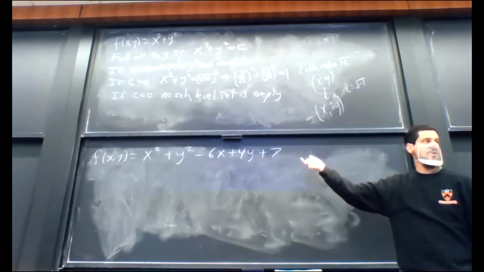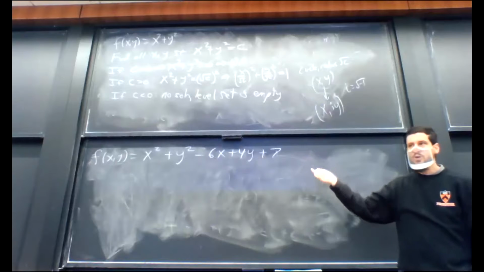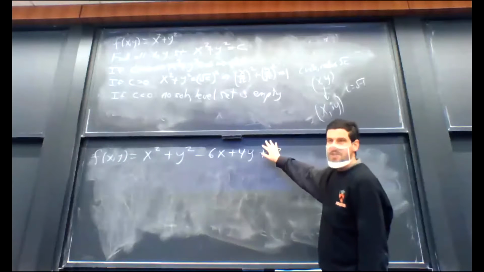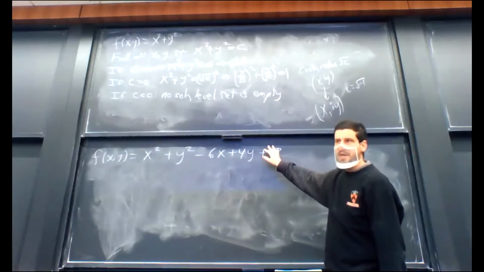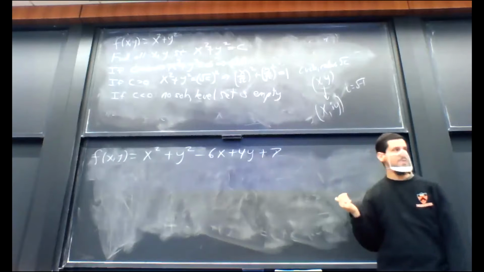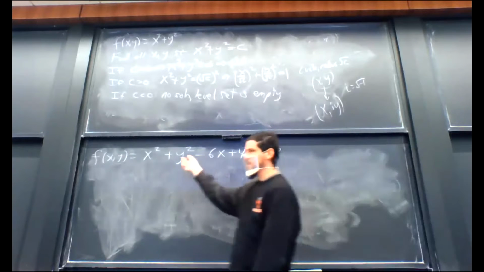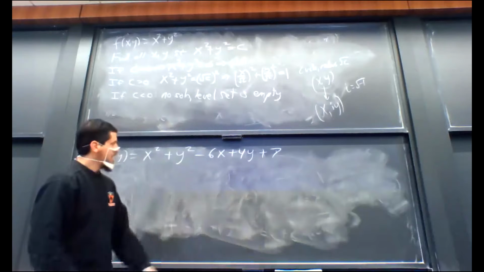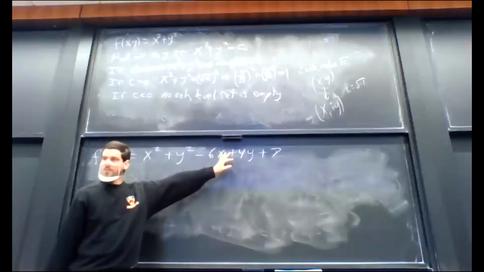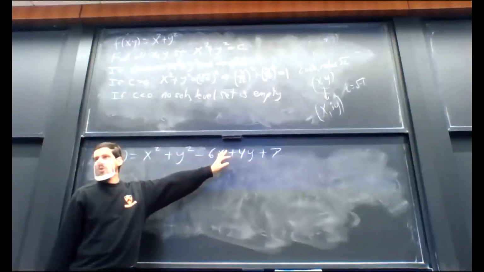It just changes the value of the function by 7. So really, this has no significant impact on figuring out what the level set is. The meat is coming from everything else. If you didn't have the negative 6x and the 4y, what shape would it be?